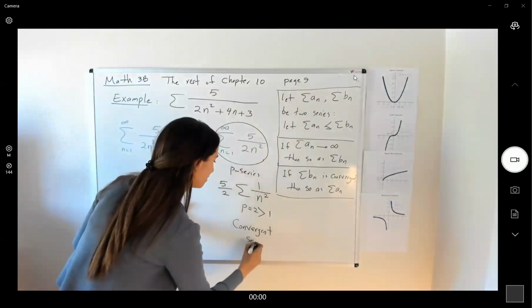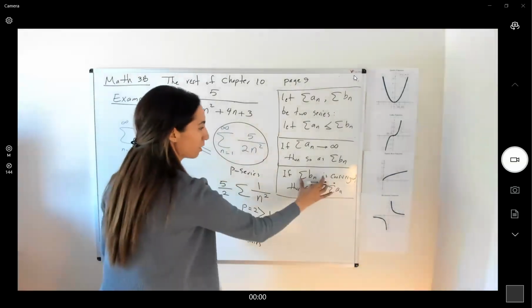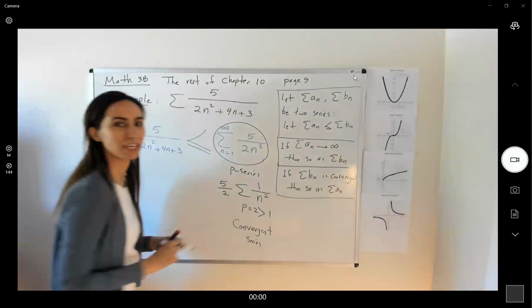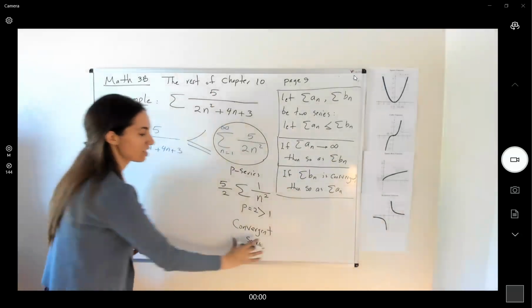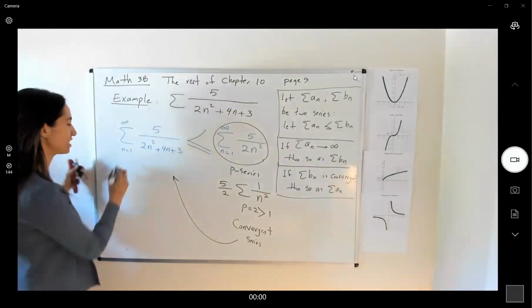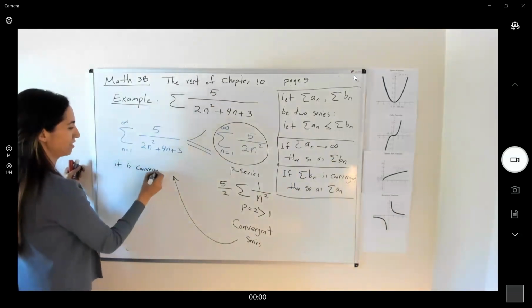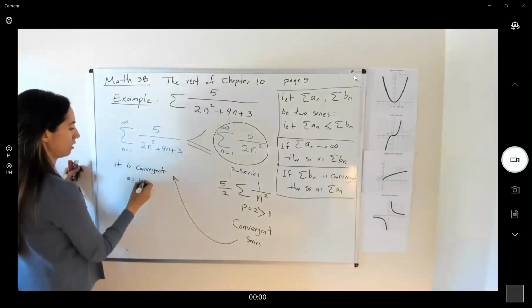Since your Bn series, the larger series, is convergent, so is your original series. It is convergent as well.